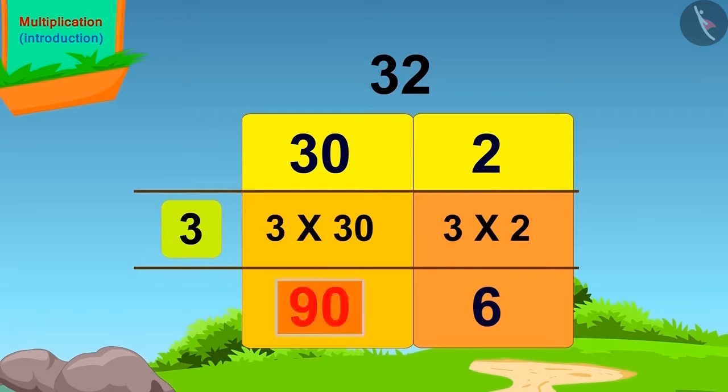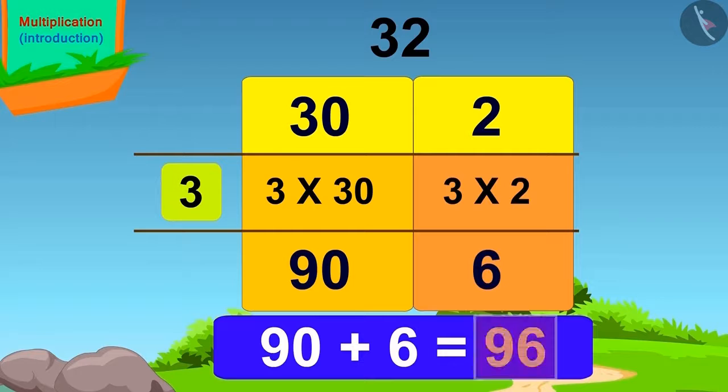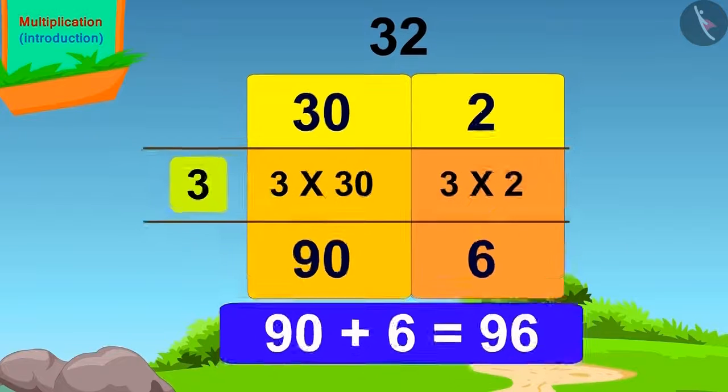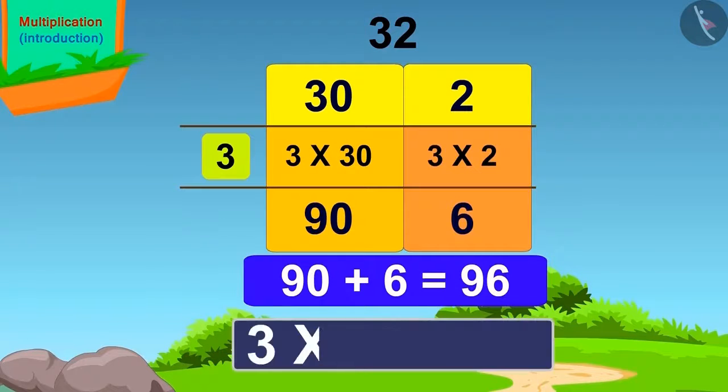We write this answer here. Now it's very easy. On adding 6 and 90, we get 96. This way, we got our answer. 3 times 32 is 96. Okay? There were a total of 96 ants.